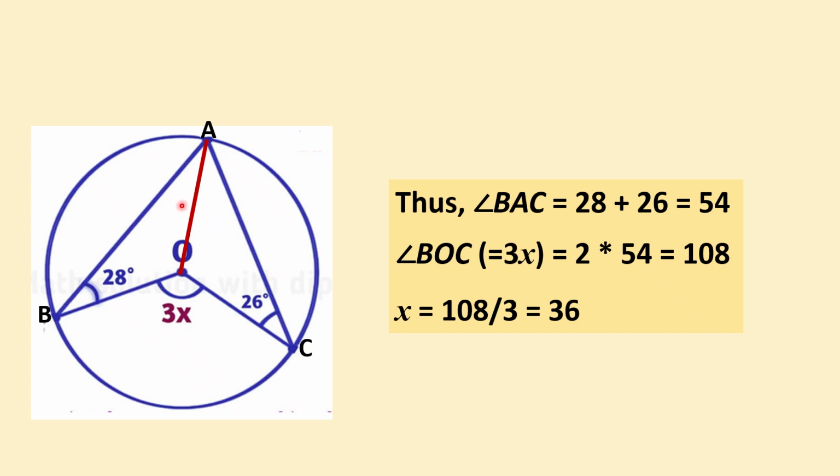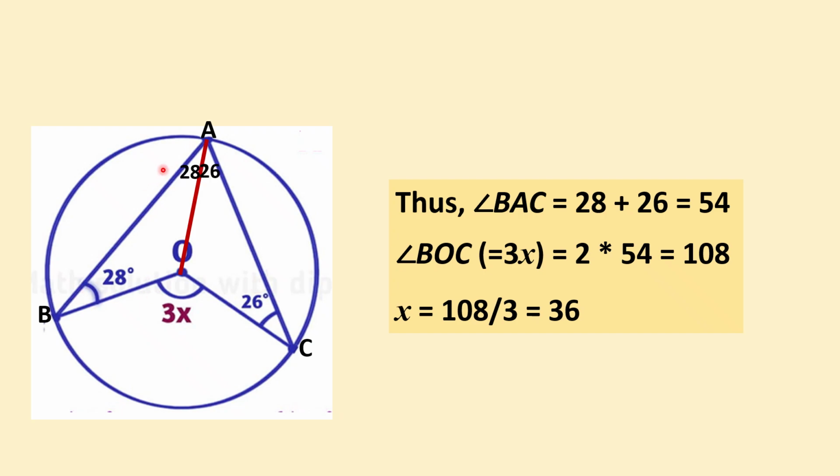So the total angle BAC must be equal to 28 plus 26. That's what we said at the outset. Whenever you are given such a figure, just add 28 and 26. That will be equal to the angle at the circumference. So now we have proved that whenever such figures are given, the angle at the circumference should be equal to 28 plus 26.